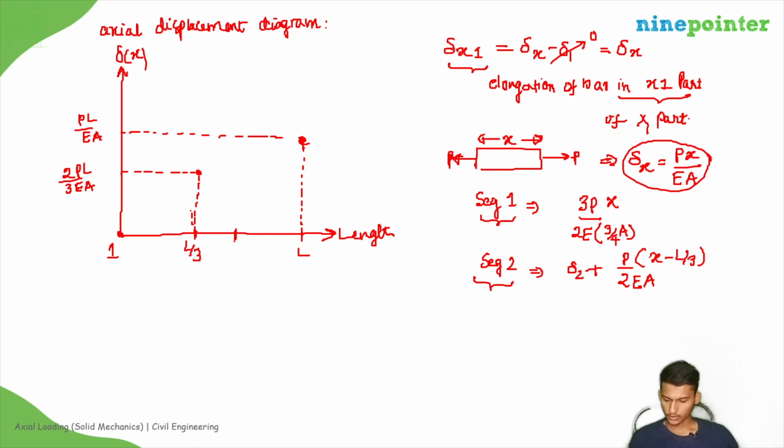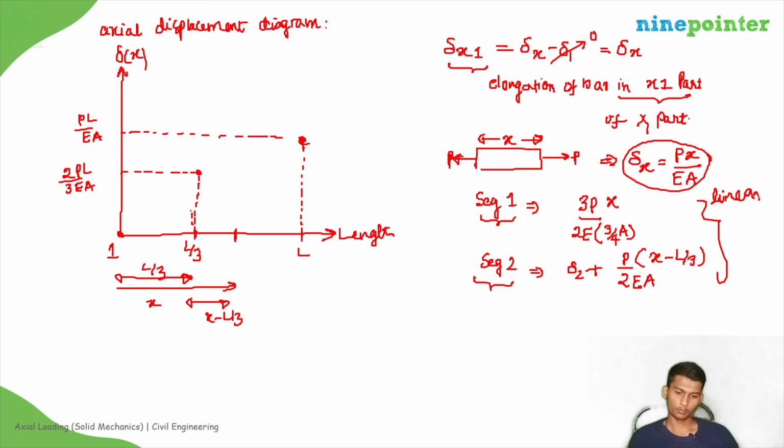If you take some point in segment 2, this is x, and we already covered the displacement up to L by 3, then this should be x minus L by 3, right? So this is for segment 2. Both are linear, so both are straight lines, so you need to just connect these two lines.